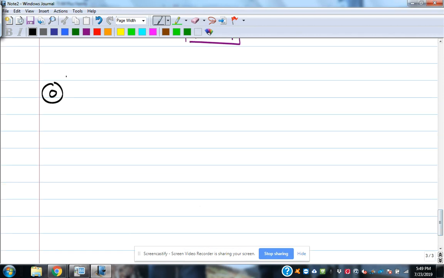Let's do one more. Let's say we had log base square root of 7 of 49 is equal to x. This one just adds a few things in there.